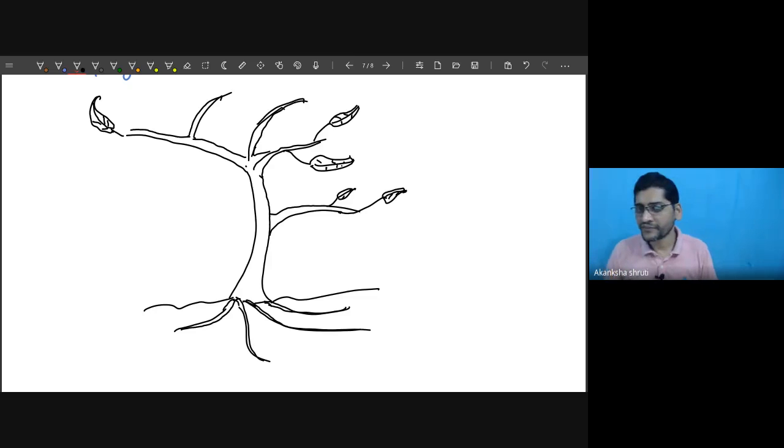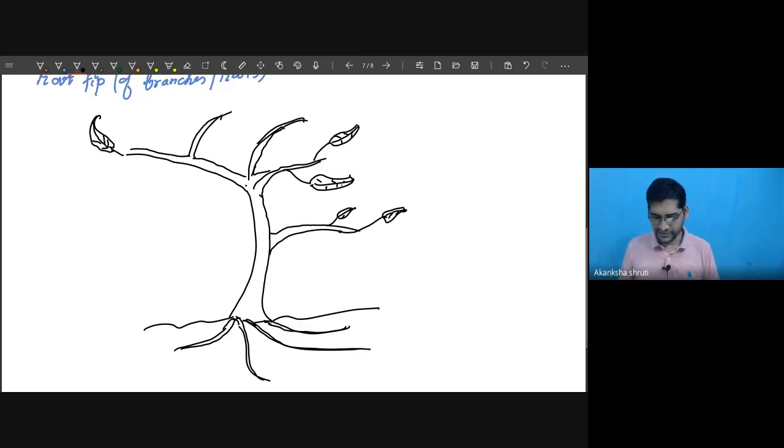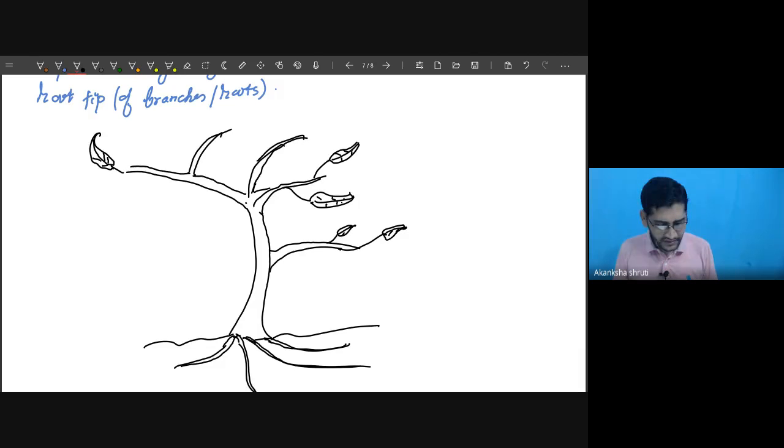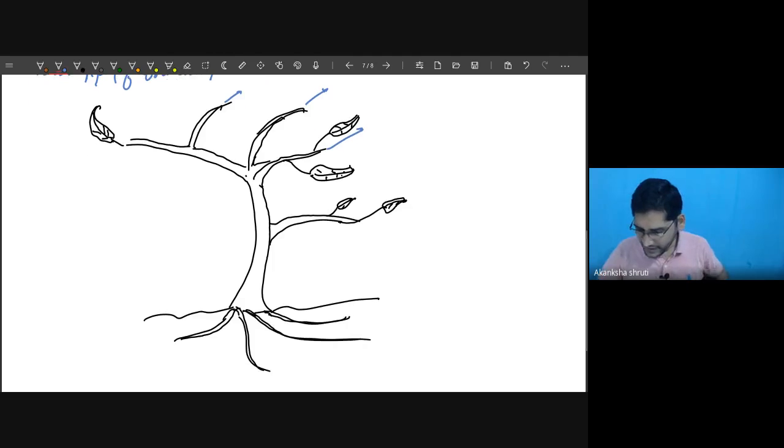So I have drawn this as a tree. Now where will this plant grow, how will it grow? They will grow at these tips, their length increases. These root tips will increase.